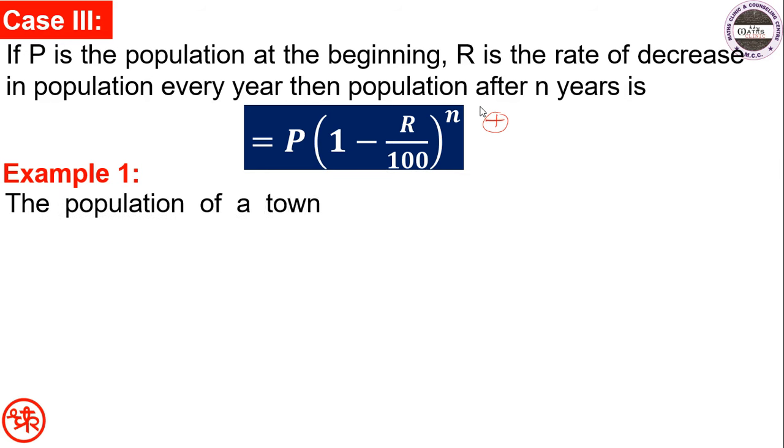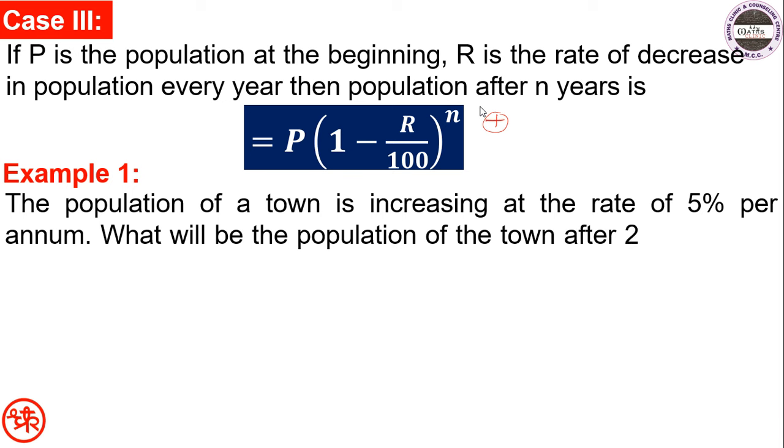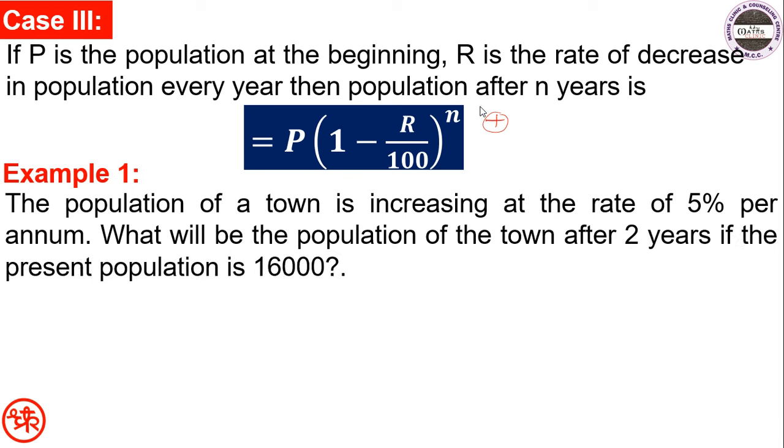Example 1: the population of a town is increasing at the rate of 5% per annum. What will be the population of the town after 2 years if the present population is 16,000? Is that clear?